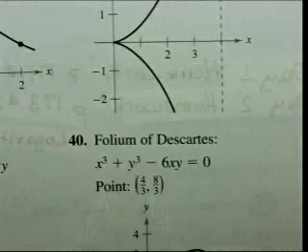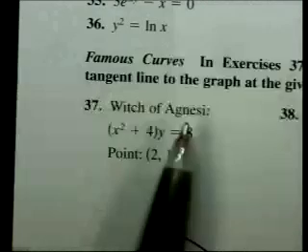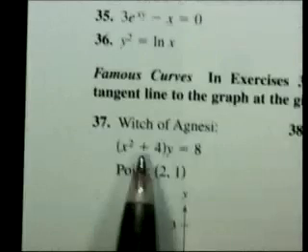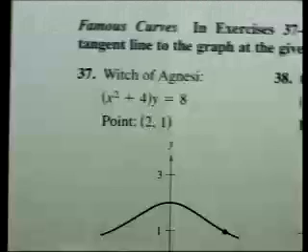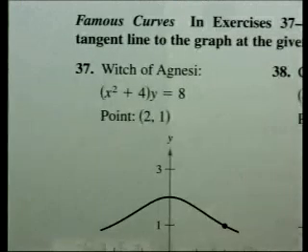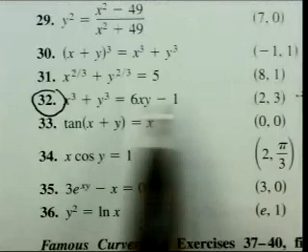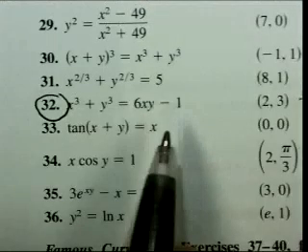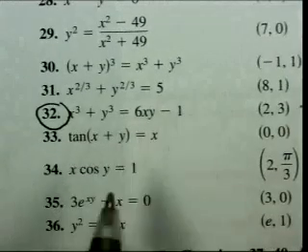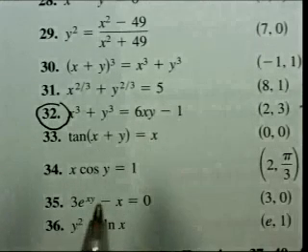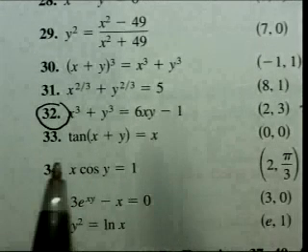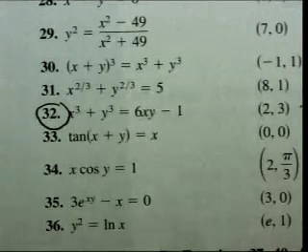This is called the Witch of Agnesi. I don't know why, but these really weird looking functions very often are something special known by people who are smarter than me. And that's not a large percentage of the population, but a small percent of the population.